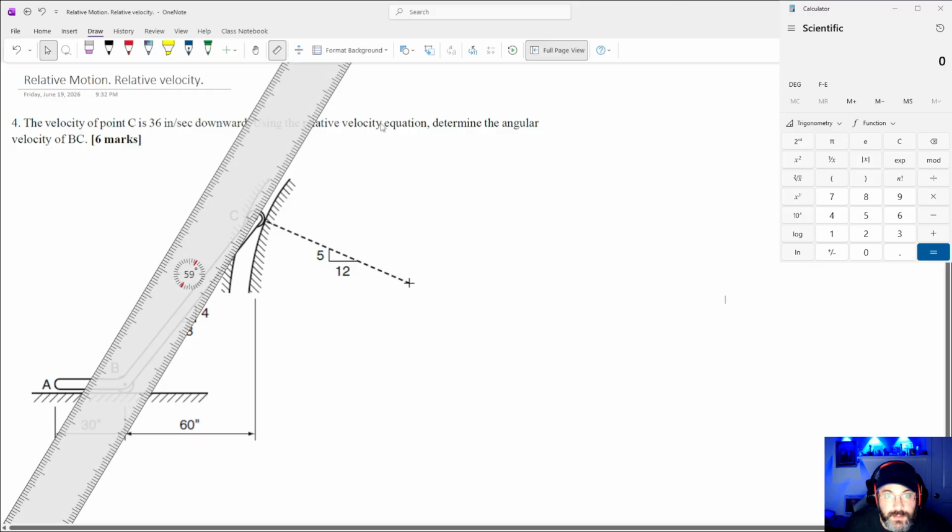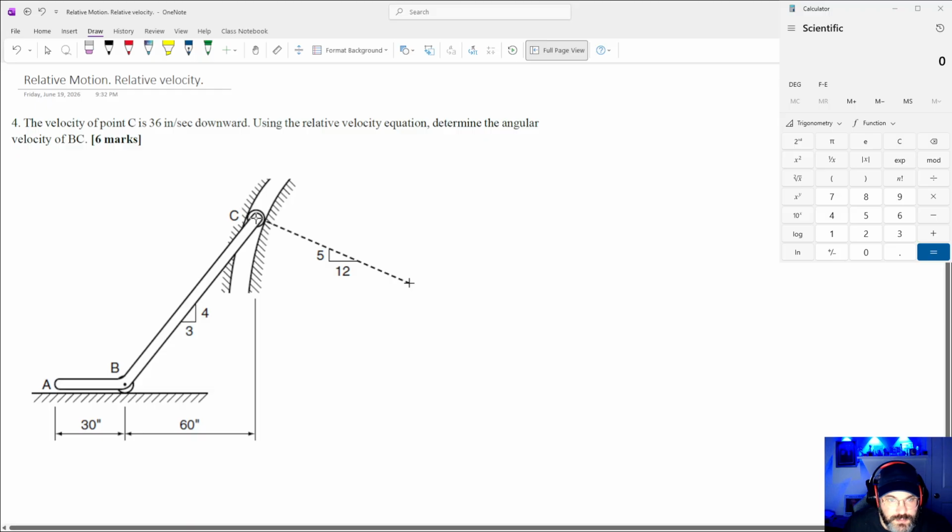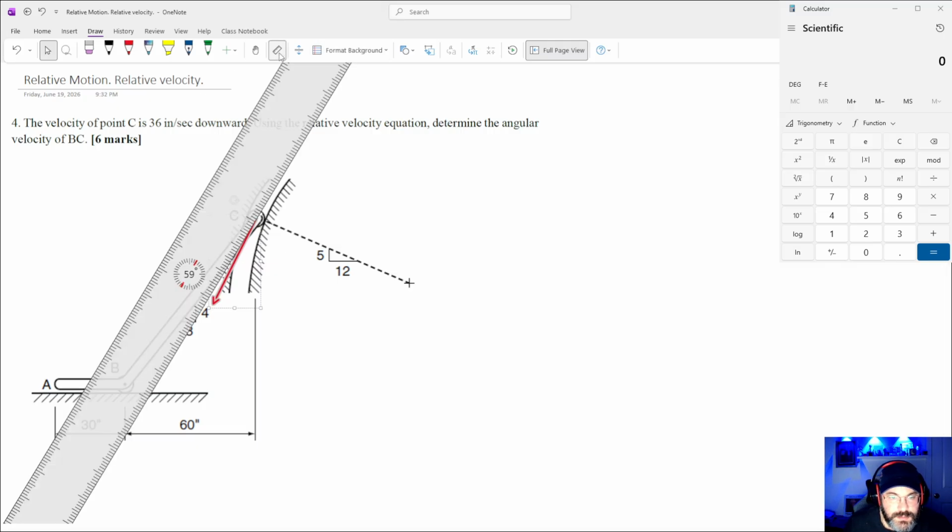Velocity of C is perpendicular to this radius. Right, so let's maybe draw it here. I always try to draw everything up to scale in these problems, because a good schematic is extremely important.